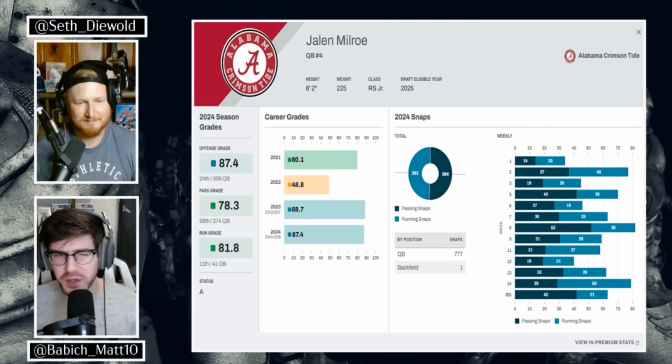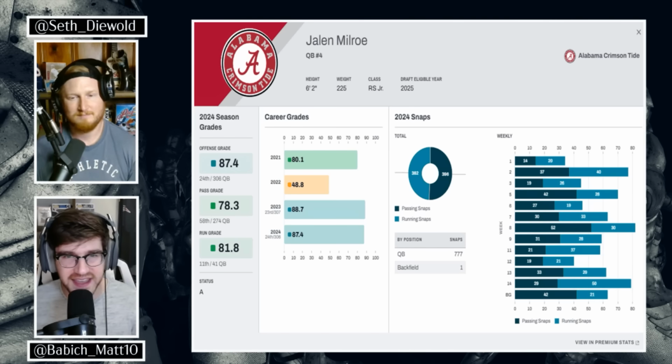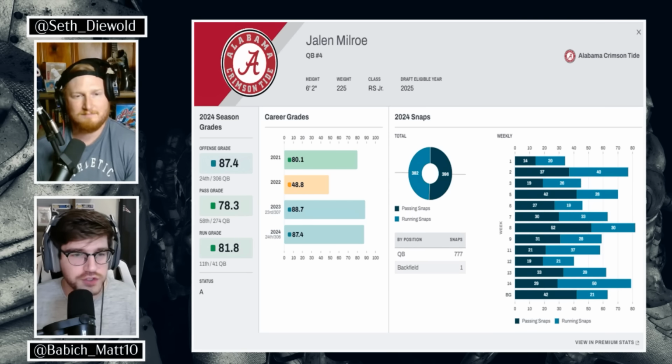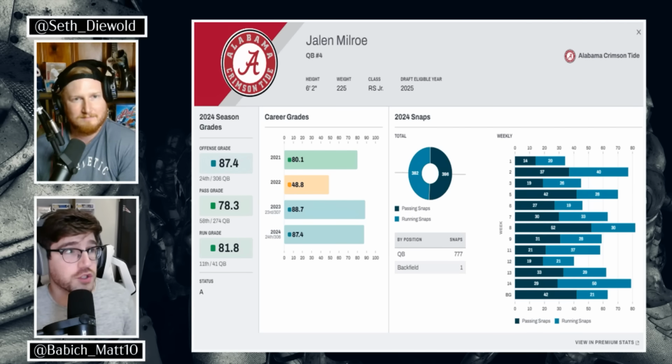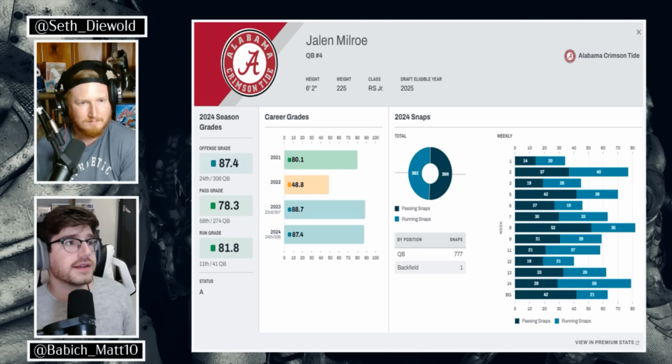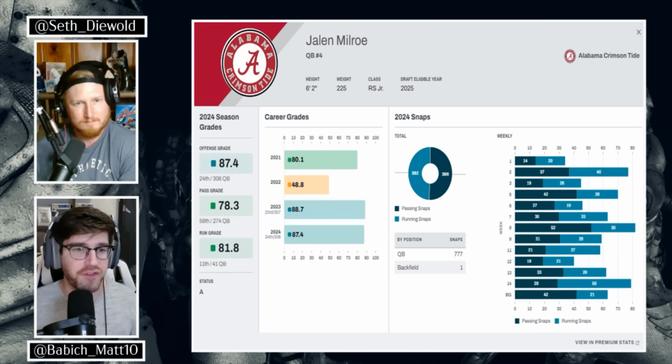I don't know Jalen Milroe is going to be a stud, but I have a feeling this might apply to him. It didn't apply to the Malik Willises, but I think the rushing upside with Milroe, a guy who's put up over 700 rushing yards multiple times in his career and is 1 inch taller and basically the same weight as Jalen Hurts, so basically the same frame as Jalen Hurts.